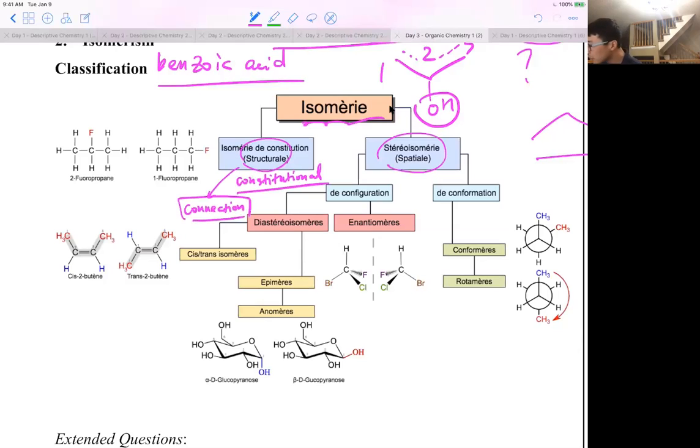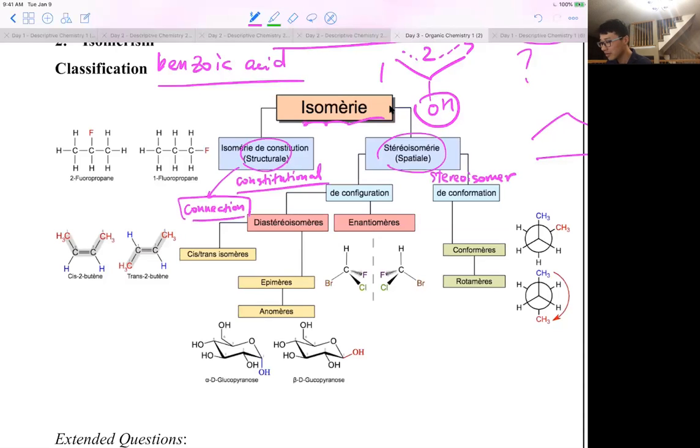So the second big category is called stereoisomer. What does it mean? It means they have the same connection, but different arrangements or orientations in the three-dimensional world, right?